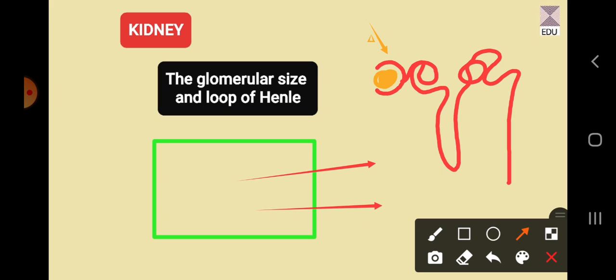So in these cases, the size of the glomerulus has increased. Why has it increased? To make more filtrate. If more filtrate is made, there will be more excretion of the water going out of the body, and that's what we needed.